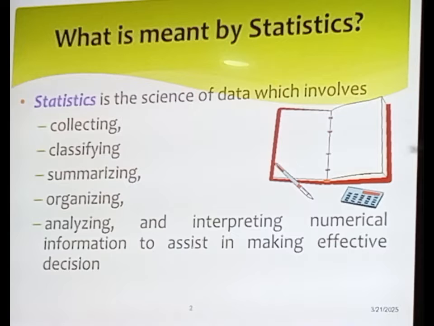What do you mean by statistics? Or for example, you have seen or maybe heard about two words. One is population and another one is sample. Along with this, another one is parameter, another one is statistic. Okay, what is a parameter, what is a statistic, what is a population, and what is a sample.